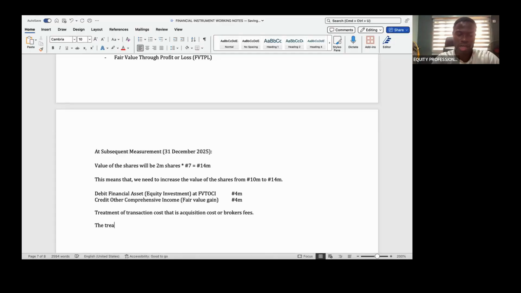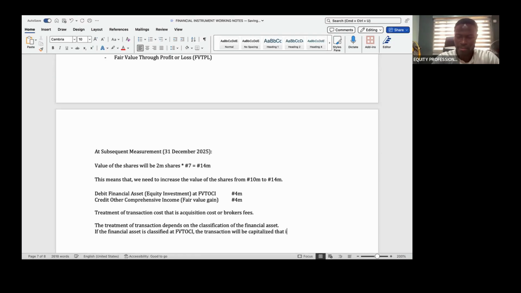So what I need you to know is that the treatment of transaction costs depends on the classification of the financial assets. That is, if the financial asset is classified at fair value, let me mnemonize it, at fair value through OCI, the transaction costs will be capitalized.